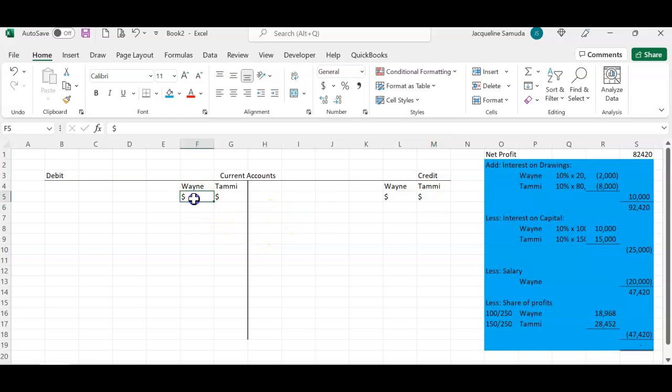Okay, so the first thing we have to record is what was the opening balance. And in the trial balance, it shows that Wayne is in the credit column. His opening balance is going to be in the credit column. And Tammi's opening balance is going to be in the debit column. So let's put that in.